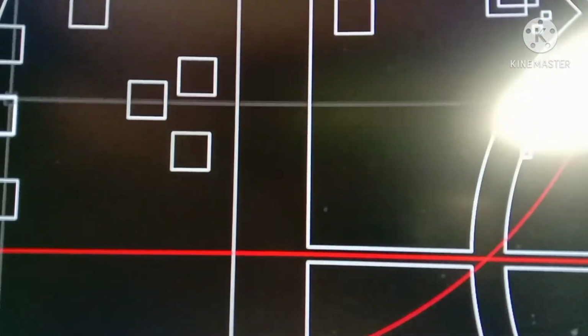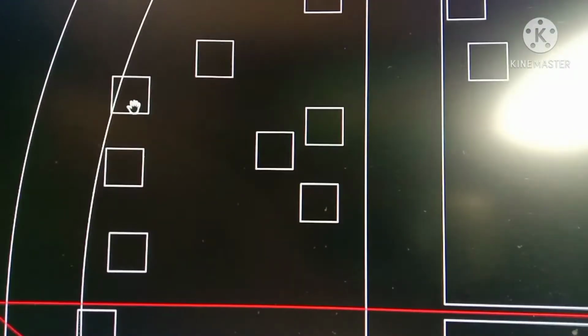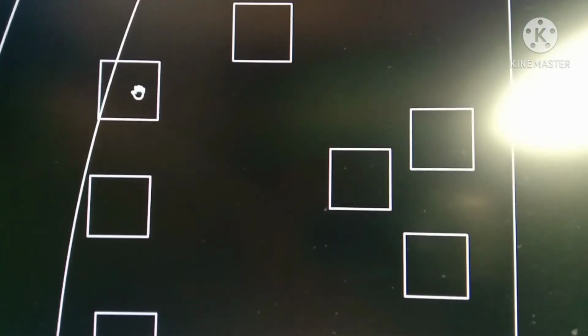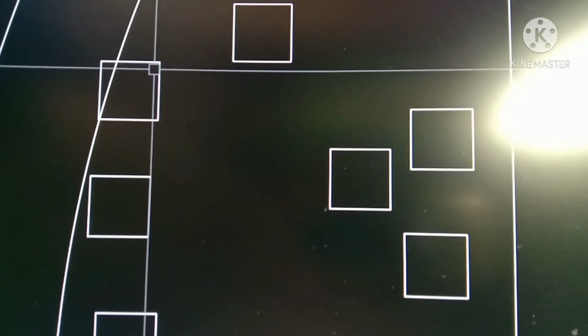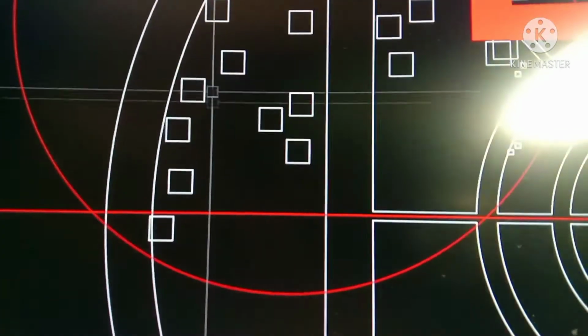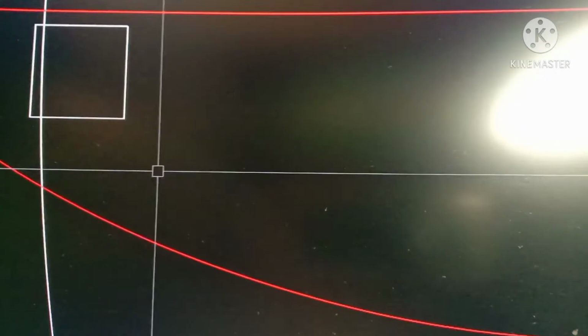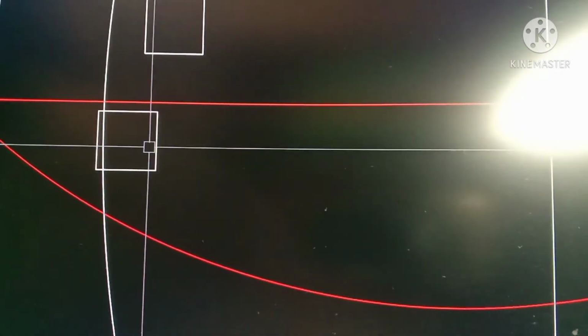Going farther down, there are some houses also being affected, like this one. Some portion of this house has been affected by the roads, so they will inform the owner to relocate it outside the roads. Below here is also another one, so they have to relocate this again.